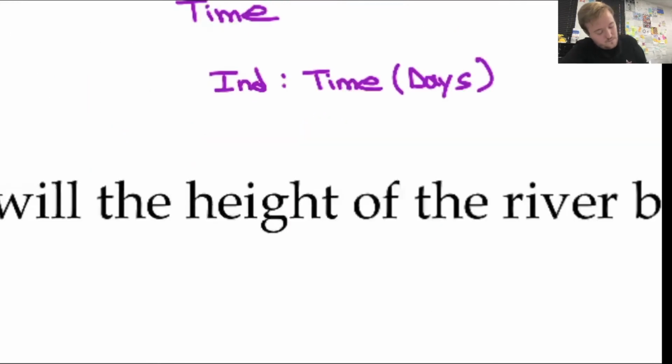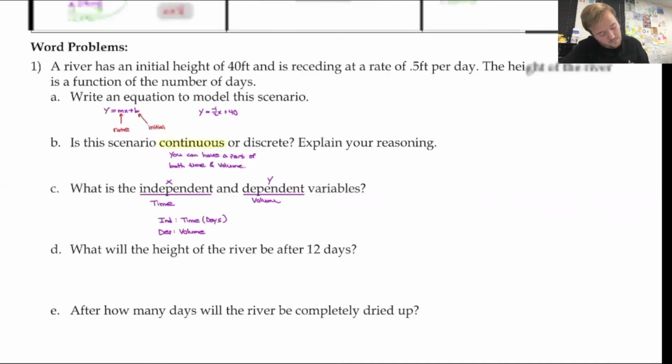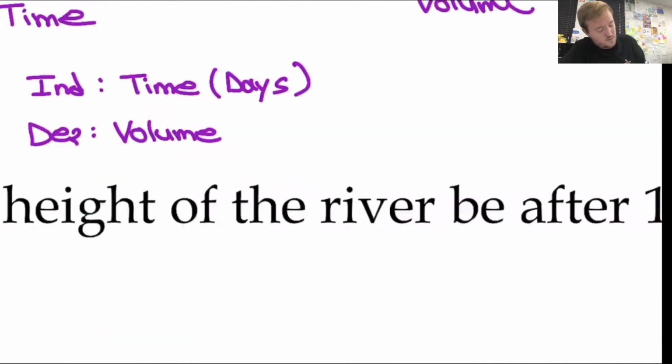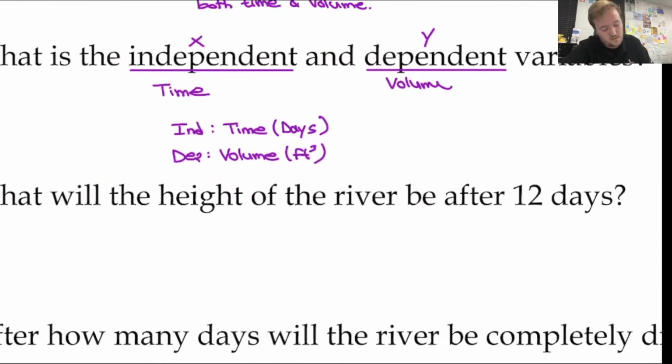Yes. And the dependent is going to be volume. Is it? Yeah, it's in terms of feet. So in this case, it's going to be in terms of cubic feet. Okay, so this would be your independent and dependent.